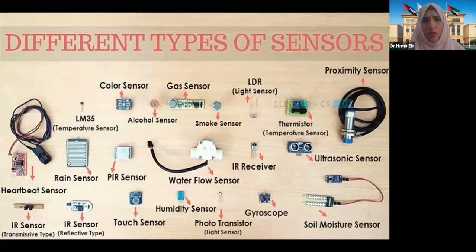Now, the different types of sensors: these are the different possibilities that you can equip your robot with. Position sensors, rain detection, IR sensor, touch sensor, humidity sensor, gyroscope, gas sensors, color sensor, proximity, ultrasonic, soil moisture.